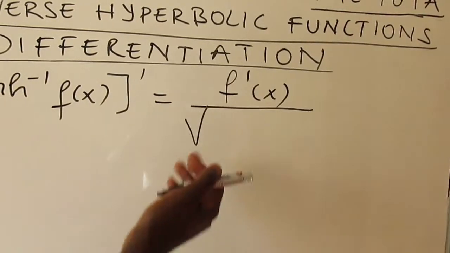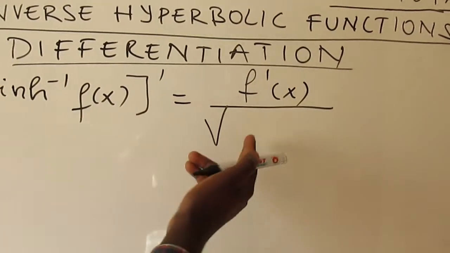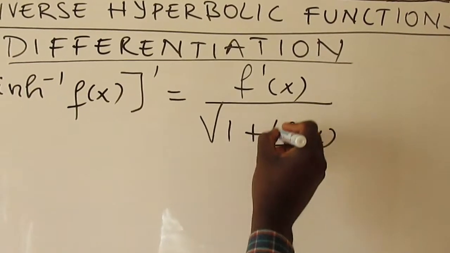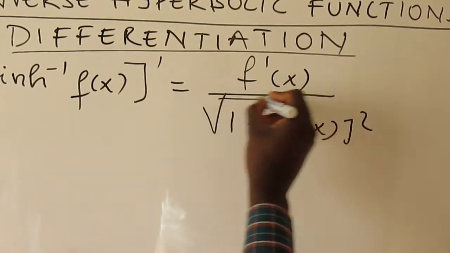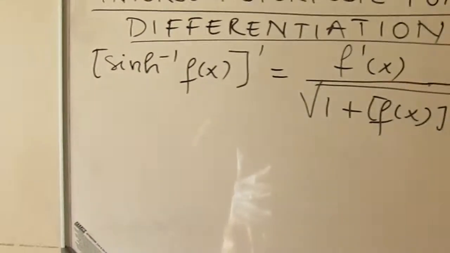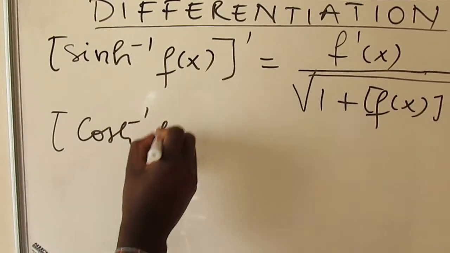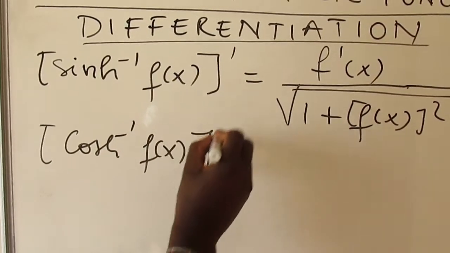But in this case it's not going to be minus, it's going to be 1 plus f of x squared for sinh.